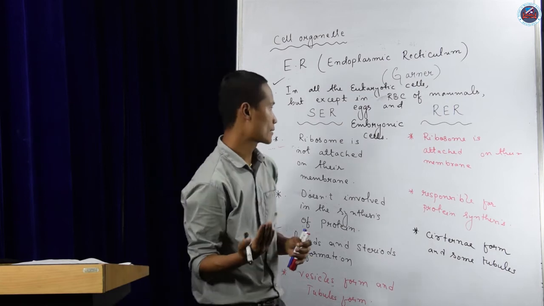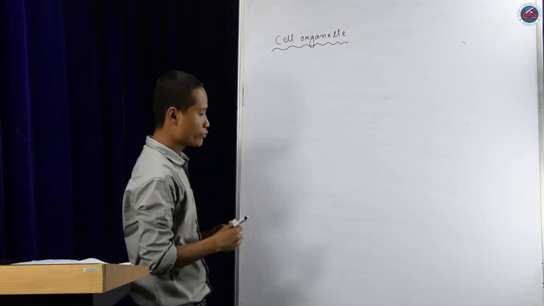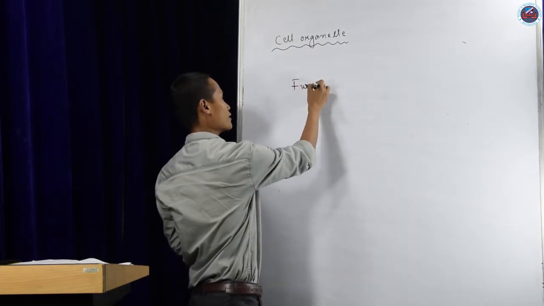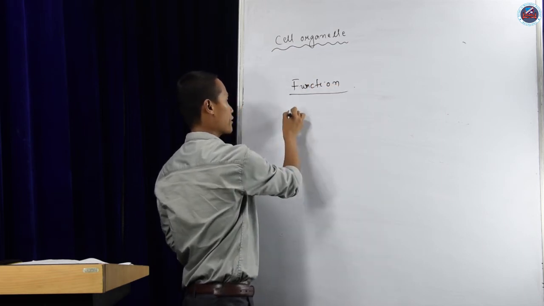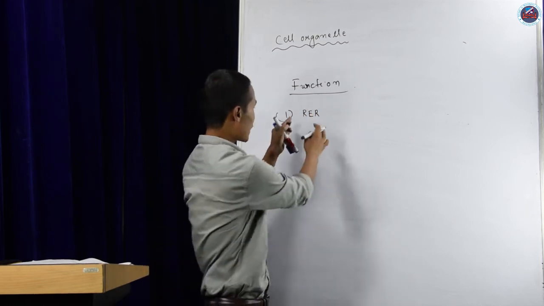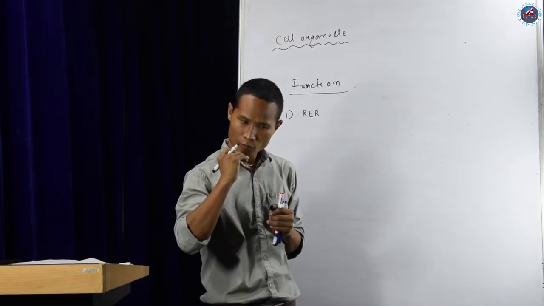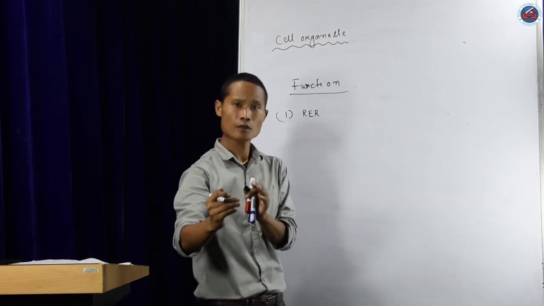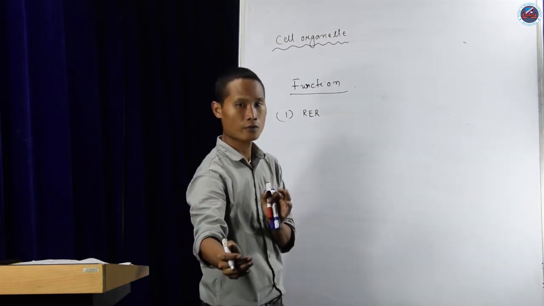Now we will discuss the functions of your endoplasmic reticulum. We were discussing the types. First, the RER, rough endoplasmic reticulum. Since it has ribosomes, it is responsible for protein synthesis, and it also transports proteins from one cell to another.